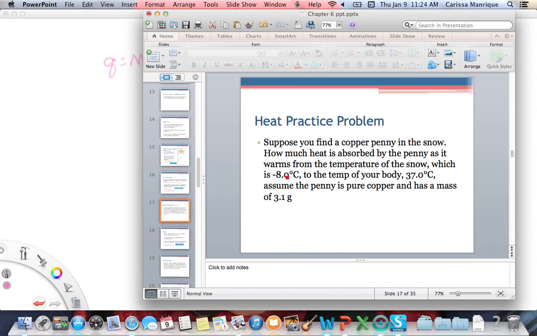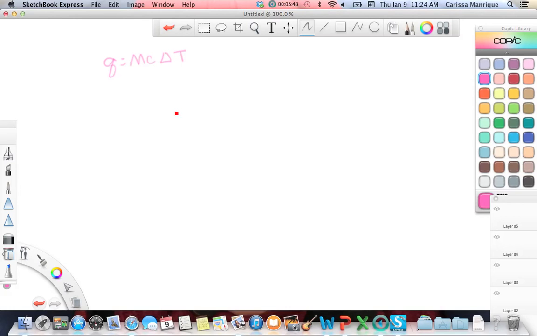So it's starting at -8 and going to 37. My initial temperature is -8 degrees Celsius, and the final temperature is 37 degrees Celsius. Let me give you the units of C. This is joules divided by gram degrees Celsius. So the temperature needs to be in degrees Celsius because C is in degrees Celsius, for them to cancel.